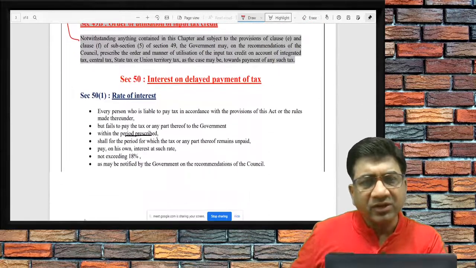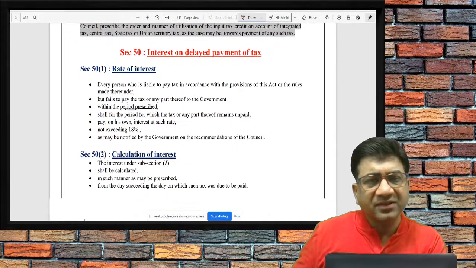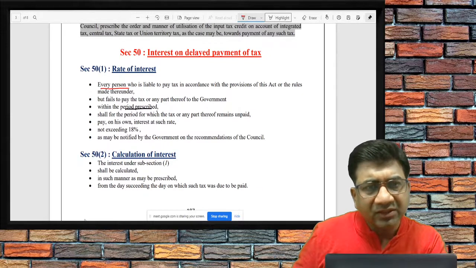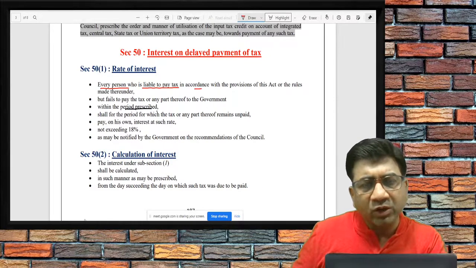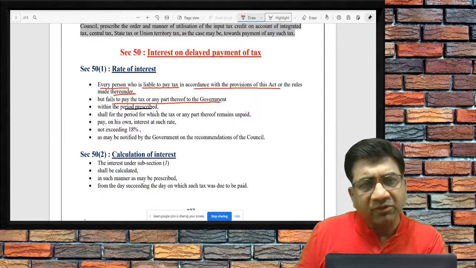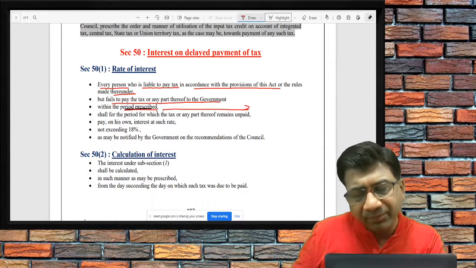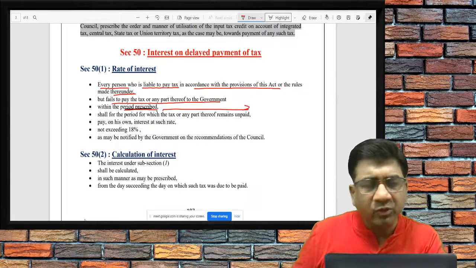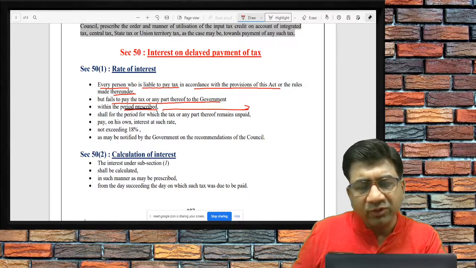Now interest on delayed payment of taxes, rate of interest. Every person who is liable to pay tax in accordance with the provision of this act or rules made thereunder but fails to pay the tax or any part thereof to the government within the period prescribed, that is the period for each one. जैसे for quarterly it is for the composition scheme, monthly is for the normal dealers.